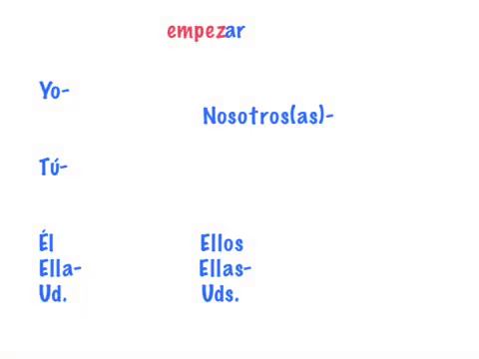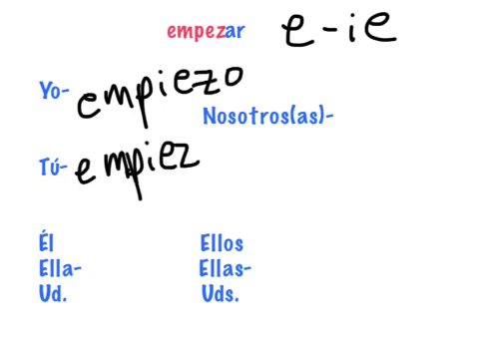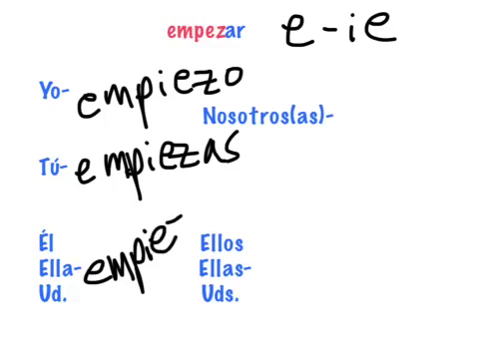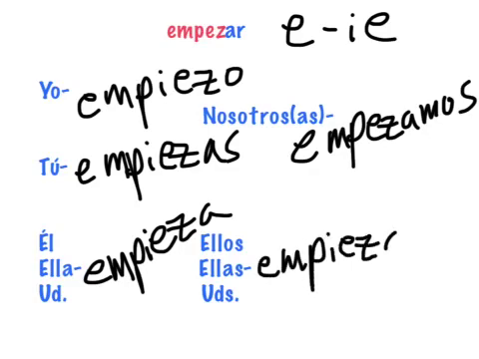Empezar is another example of an E to IE stem-changing verb. So in the yo form would be yo empiezo, tú empiezas, él, ella, usted empieza, nosotros empezamos, and ellos, ellas, ustedes empiezan.